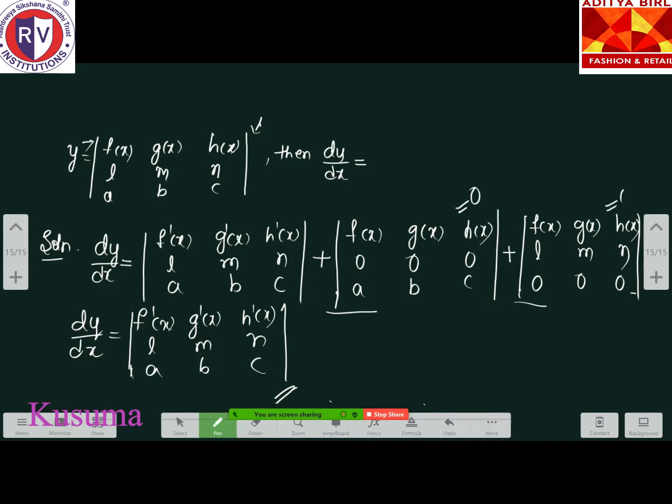Therefore, the value of determinant here also will be equal to 0. Only what is left out is the first determinant and the other two will be equal to 0. Therefore, the value of dy by dx is equal to determinant of f dash, g dash and h dash, L, M, N, A, B, C. Okay, so this is your option A, I think, right? So your answer is option A.